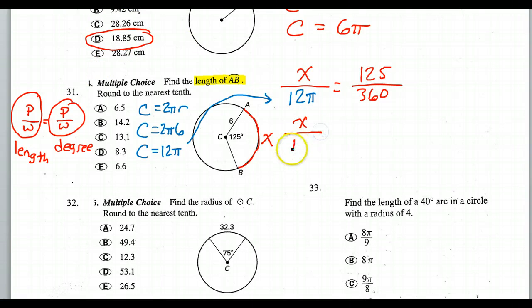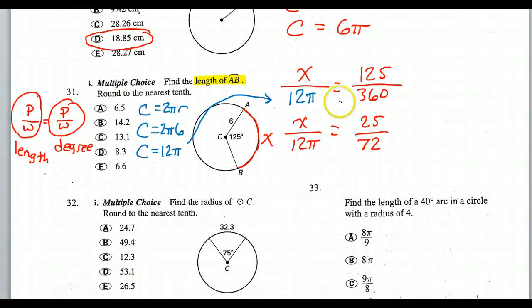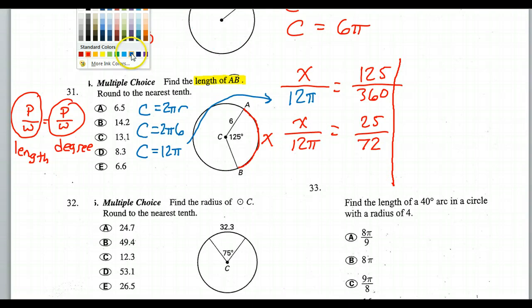I have x over 12 pi is equal to 25 over 72. Is that what I said? Yes, it is. All right, now cross multiply. If we cross multiply this, we're going to get 72x. Let me draw a line here. I'll change colors.